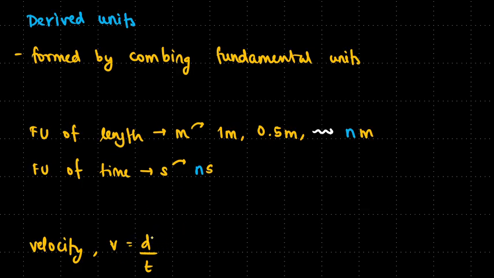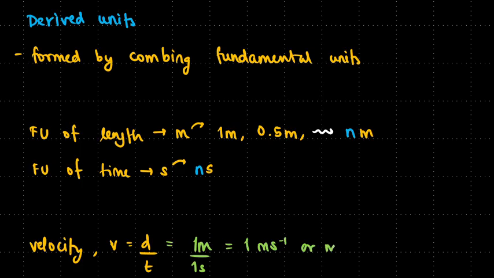So here, displacement is length, so you would measure it in meters if you were considering the SI system, which we will talk about later. And the time will be measured in seconds. For example, let's say a car moves 1 meter in 1 second. That gives 1 divided by 1 equals 1, and meter divided by second gives meter per second.